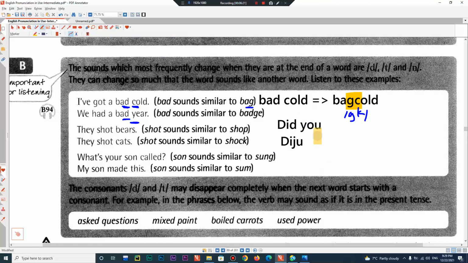So this happens because of the de and the ye sound. Now it doesn't have to be did you. It could be any de ending and any ye starting. So here de is here and starting is another ye sound. So you say badger. We had a badger.